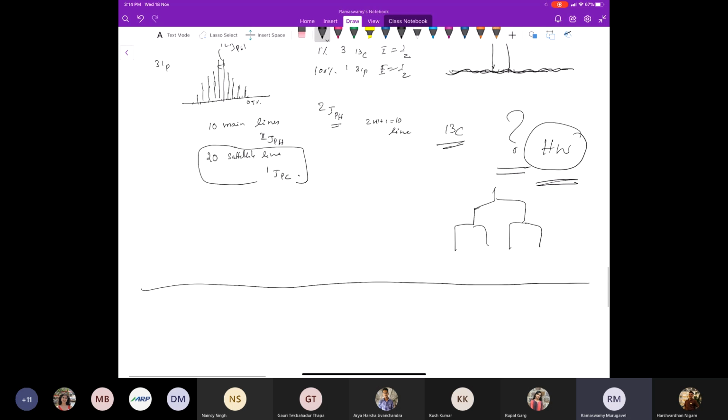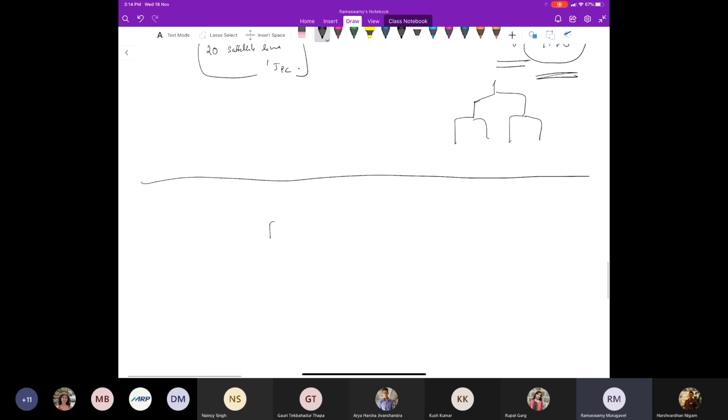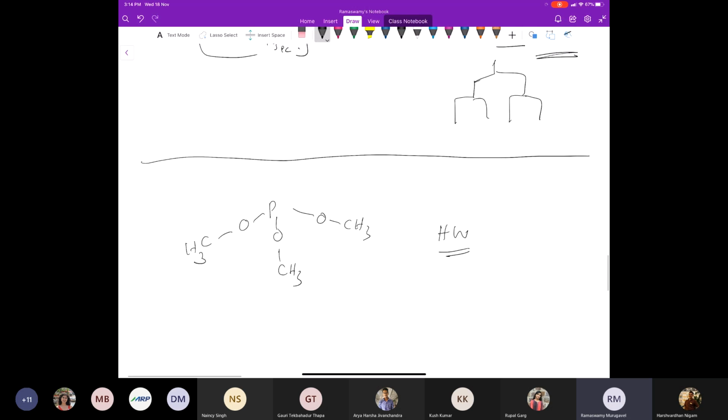Now I just make this molecule a bit different, and from a phosphine I make a phosphite. I just slip in an oxygen atom in between. I want you to do the homework, and try to understand how the spectrum would look.